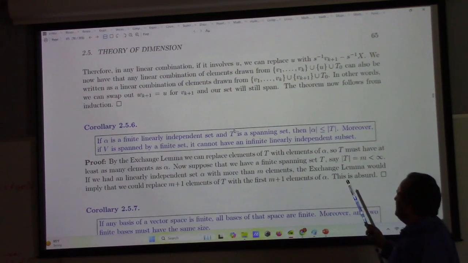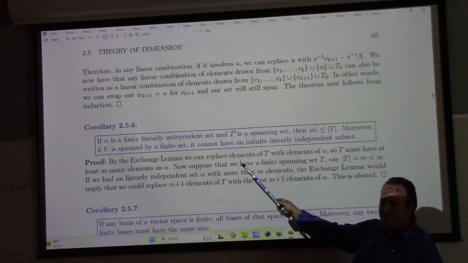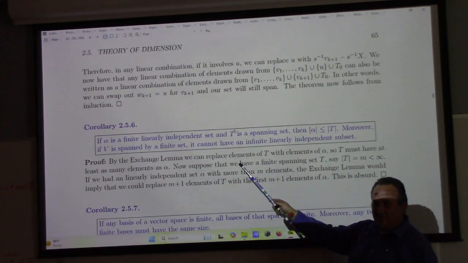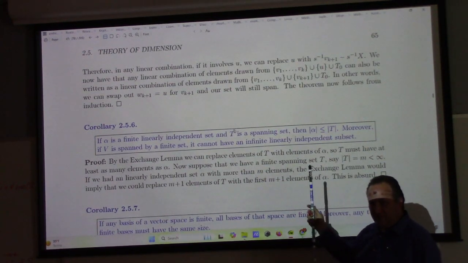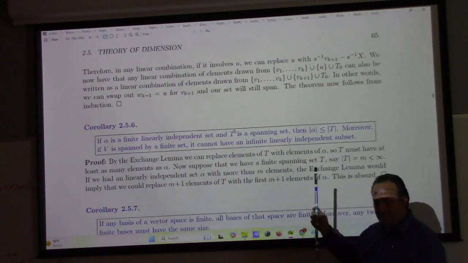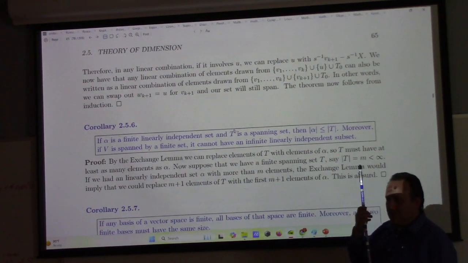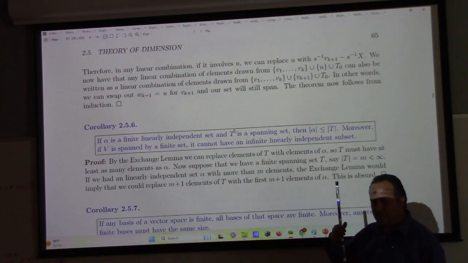So if you had a finite spanning set and you could somehow replace it with an infinite list of linearly independent vectors, well, that's crazy. You can't take a finite set and replace its elements with an infinite set. Can you put an infinite number of marbles if you've got 100 places for marbles?